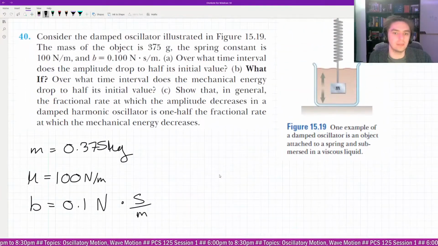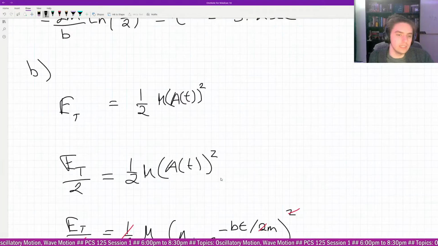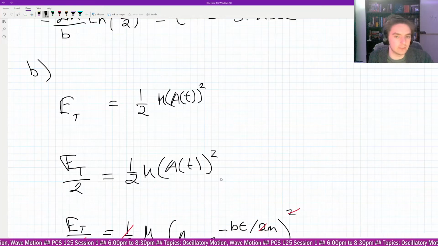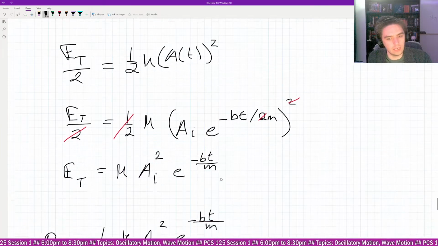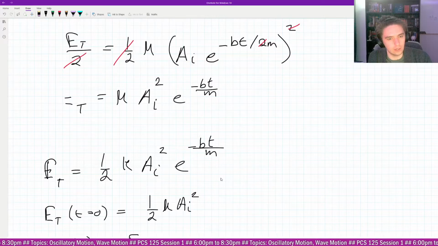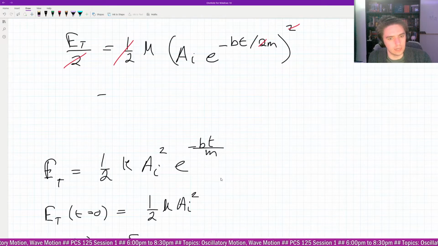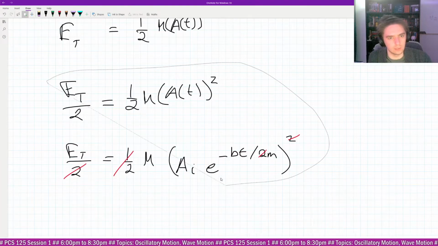Now for the next part, this is for part B, starting here. We want to know, when does the mechanical energy drop to half its initial value? To do that, we need to find the mechanical energy as a function of time. So that would be this. Although I think I can erase all of this. I didn't use any of this because I was confusing myself halfway through.